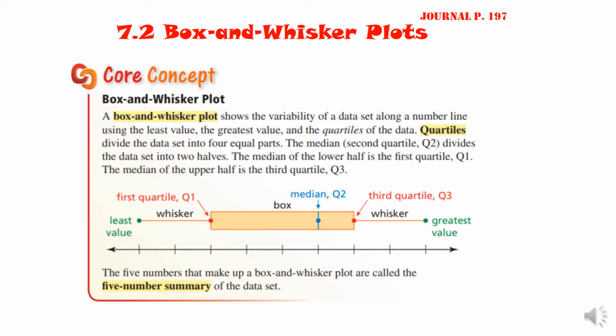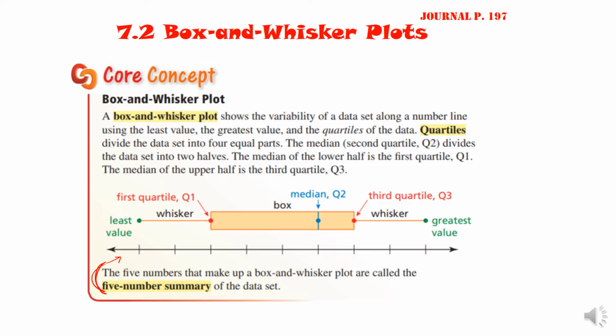Okay, so a Box and Whisker plot shows the variability of a data set along a number line using the least value, greatest value, and the quartiles. So there are certain things that we find when we have a set of numbers, and you can see we have a number line. They didn't put values here because it will depend on the values of your data, but the first thing you want to do is take your data and come up with the 5-number summary.